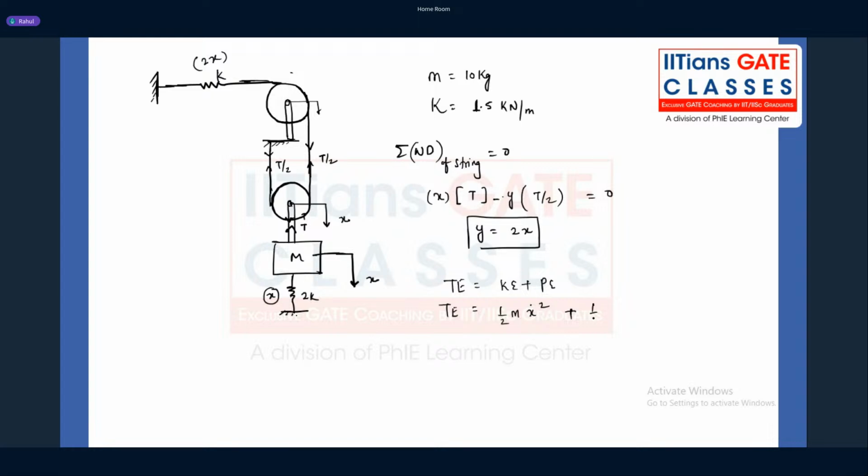Half of k, this is a 2k, and the displacement is x square, plus half of the horizontal spring potential energy, k, and the displacement is 2x square. So the total energy is half of capital M x dot square plus kx square plus 2kx square, which is half of m x dot square plus 3kx square.